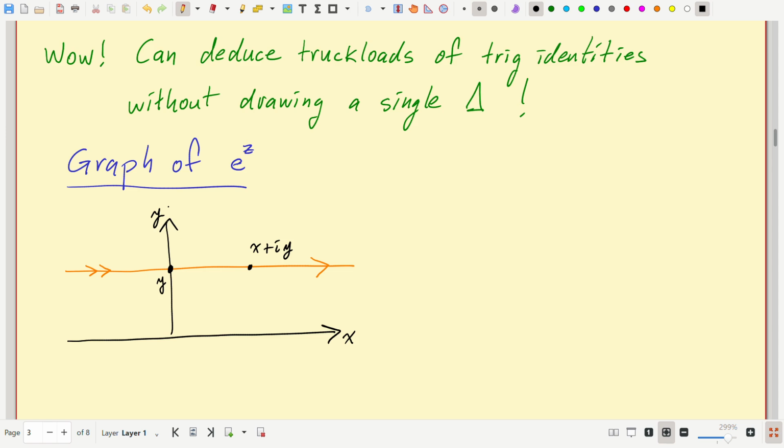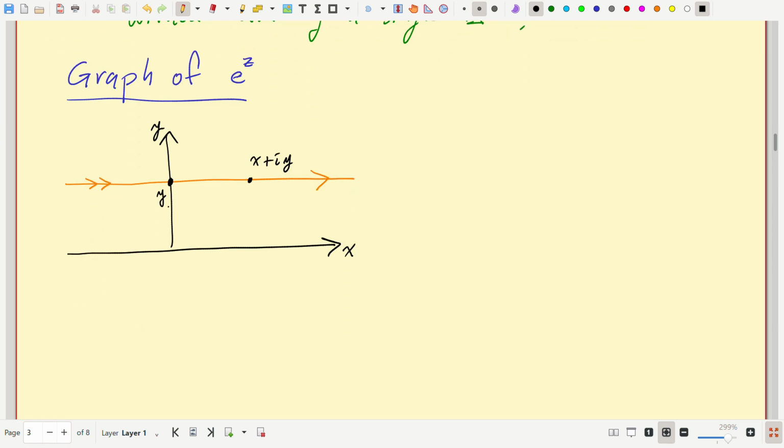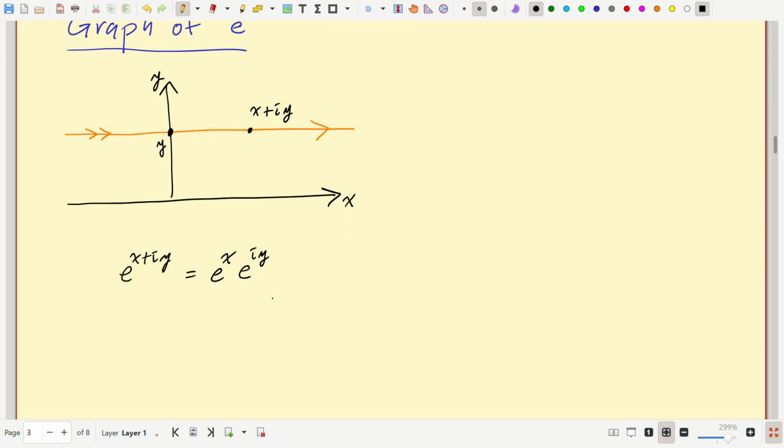Well, e to the x plus iy is e to the x times e to the iy. Okay, and x is going from minus infinity to plus infinity.